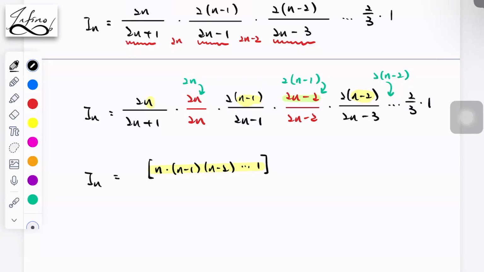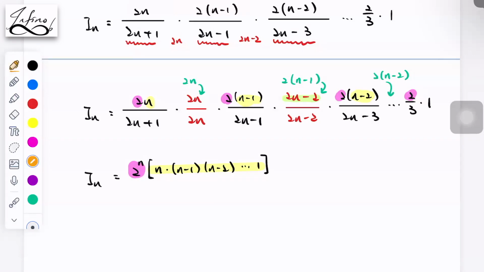And then we have to take out the 2. You have to pay attention, because I intentionally used black and red. If I highlight it in pink first, for the black 2, 1 and 2 and then 3, and then up to the end, how many 2s do I have for the black 2? How many terms? Should be n terms, right? And that's why it should be 2 multiplied by itself n times, which is 2 to the power of n.